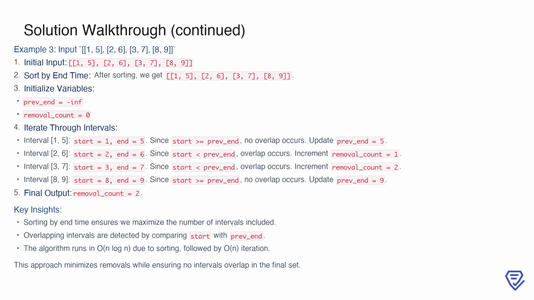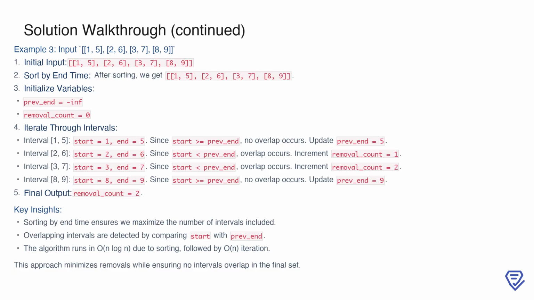In the third example, we have the input [1, 5], [2, 6], [3, 7], [8, 9]. After sorting by end time, the intervals remain in the same order. We initialize prev_end to -infinity and removal_count to 0.